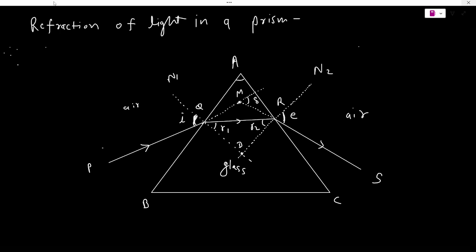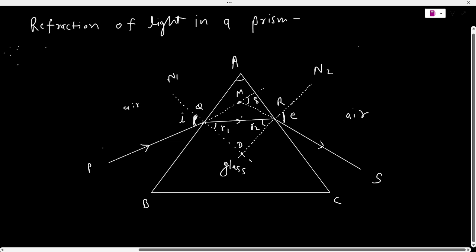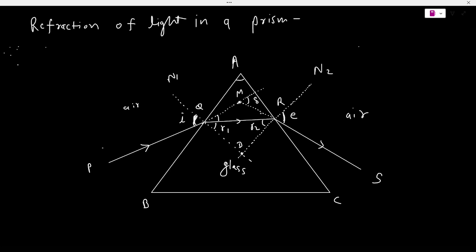Now I'm going to find the value of del. First, what is this angle and what is this angle? In triangle MQR, angle MQR is equal to I minus R1.